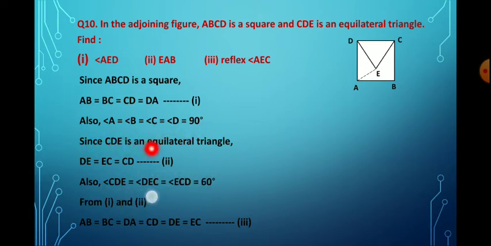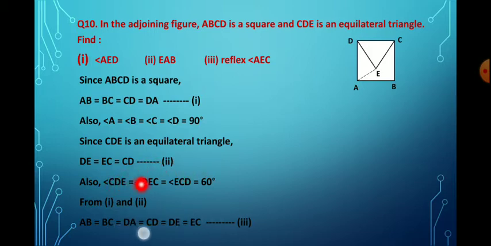Since CDE is an equilateral triangle, the sides of the triangle, that is DE, equals EC equals CD. Let this be equation 2. Also, we know that each angle of an equilateral triangle is equal to 60 degree. So angle CDE equals angle DEC equals angle ECD, that is 60 degree.